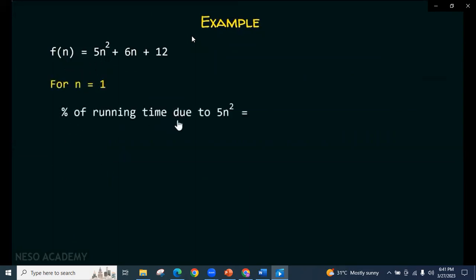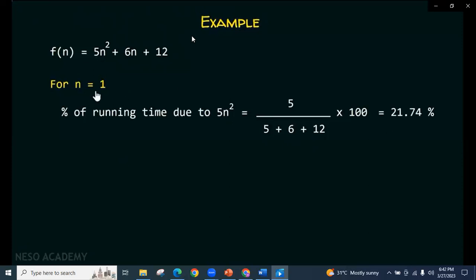Then the percentage of running time due to 5n² will be 5 divided by 5 plus 6 plus 12, multiplied by 100 to calculate the percentage. This gives us 21.74%. So 5n² is contributing this much amount of time.